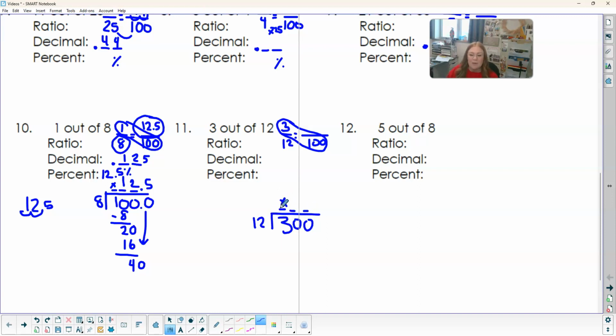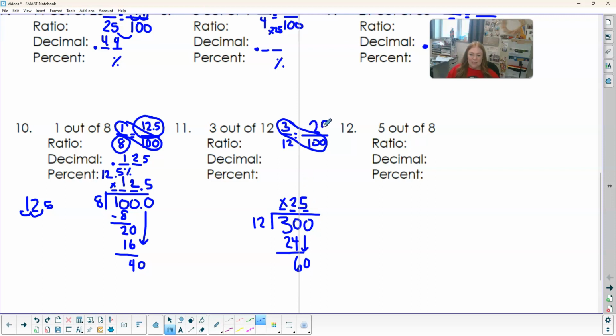So 12 can't go into 3. 12 goes into 30, 12, 24, 36 is too big. It goes in there 2 times. 24, so leftover is 6. Bring down the 0. 12, 24, 36, 48, 12 more is 60. So that goes in there exactly 5 times.